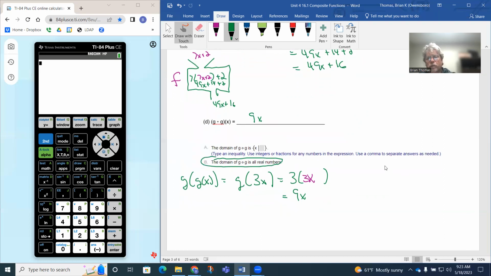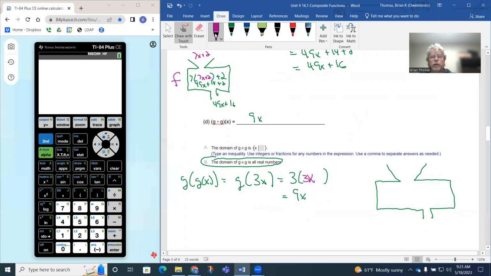If you want to do it from a graphic perspective, you can maybe make it a little bit bigger. So what's happening is our function is the g function, and the g of x is what's going in it. So this 3x is going in it. But remember, the g function is 3 times x.